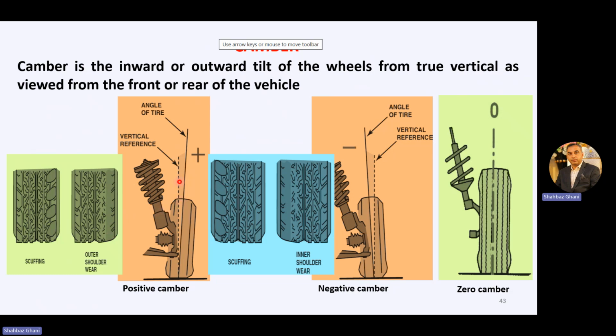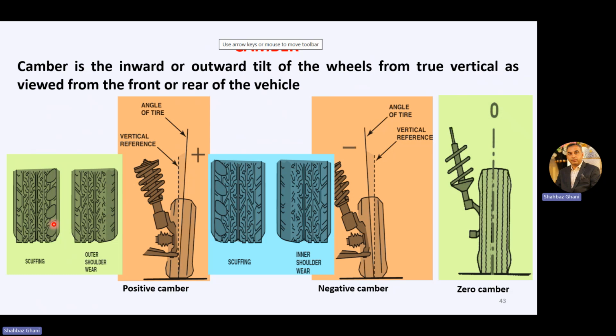If we have excessive positive camber, then the outer shoulder will wear and scuffing will happen in this area.